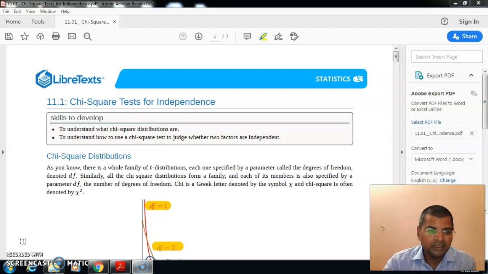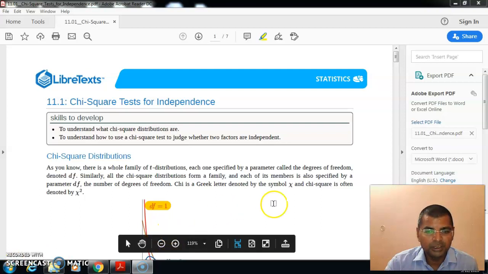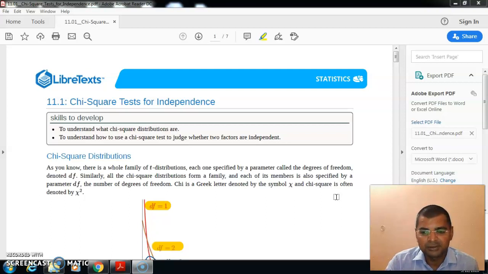So if I see what is chi-square distribution, then chi-square distribution is, as you already seen in t-test distribution, z-test distribution, right? These distributions are the shape of the curve where the values of a particular variable lies. Now if you remember about t-distribution, the t-distribution depends upon degree of freedom.